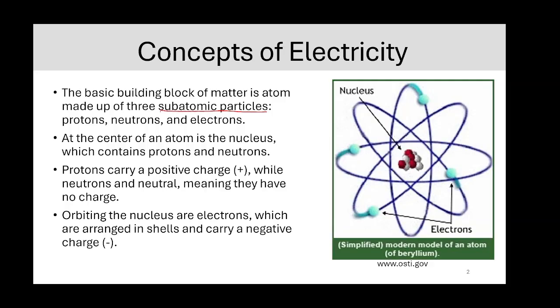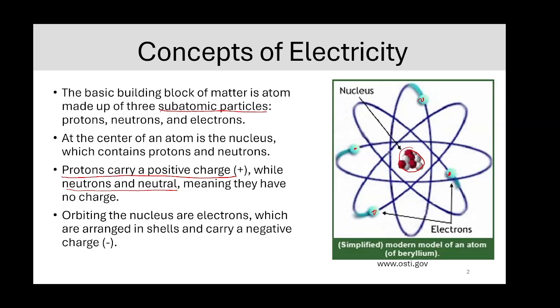At the very center of the atom, if we see here in the image, is the nucleus, and this nucleus contains protons, which have a positive charge, and the nucleus also contains neutrons, which are neutral, meaning they do not have any charge. Orbiting this nucleus are the electrons. We can see in the image here, these are electrons.